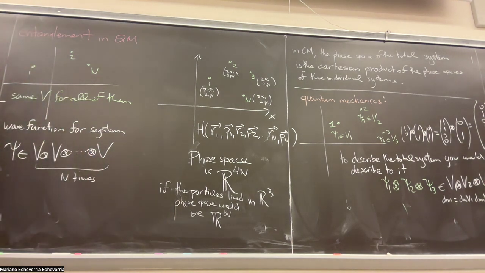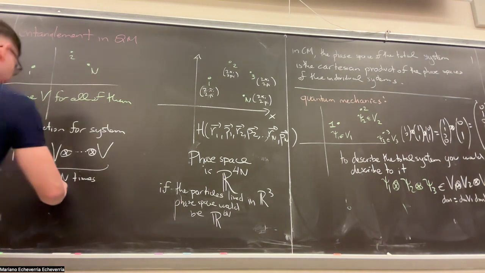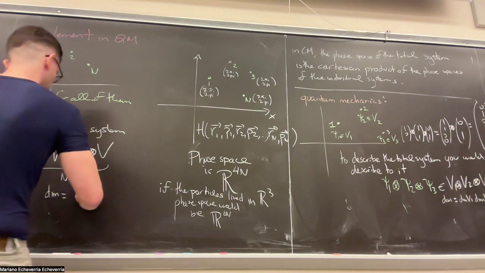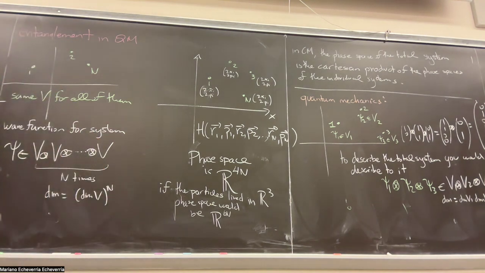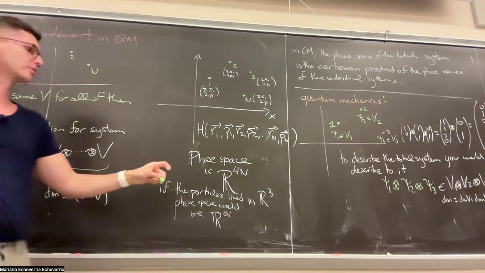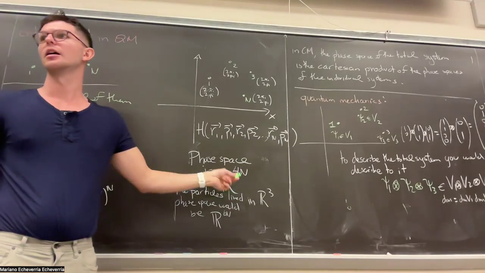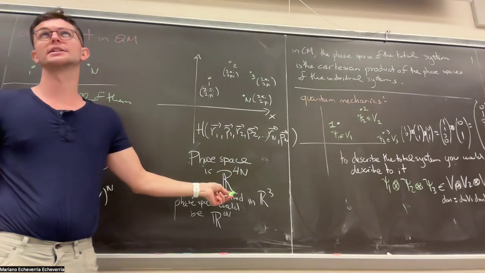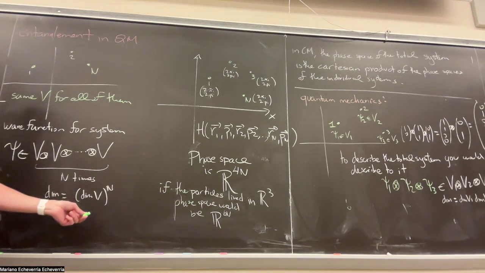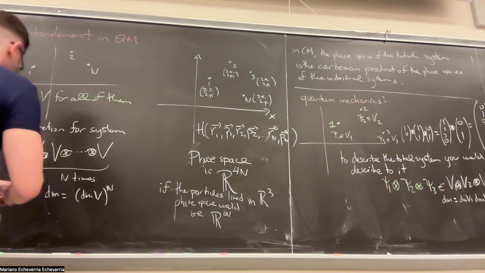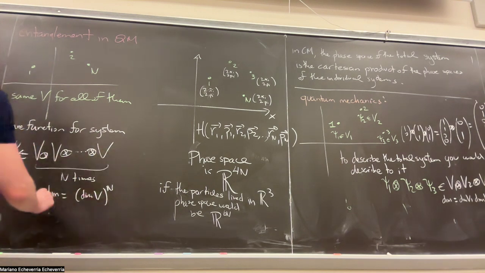So what is the dimension of this? The dimension of this is the dimension of V to the n. Here the dimension grows linearly with the number of particles, for example, but here the dimension goes exponentially. So this is exponential growth.